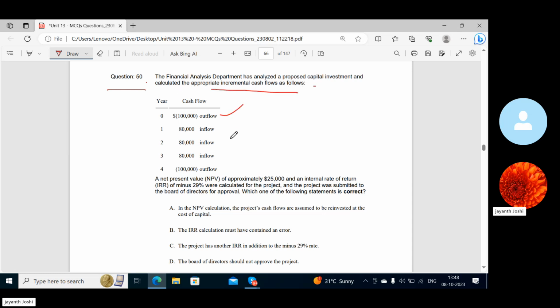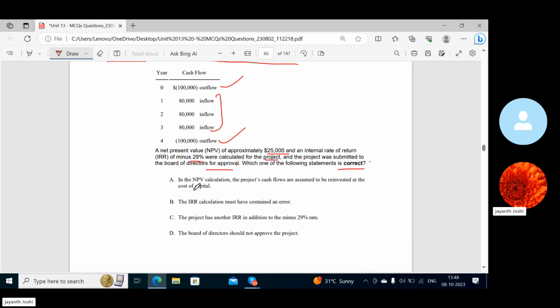So this is outflow, these are inflows, right? Again, there will be outflow here. So they are saying an NPV of approximately 25,000 and an IRR of minus 29% were calculated for the project. And the project was submitted to the board of directors for approval. Which one of the following statements is correct? So you should tell me.